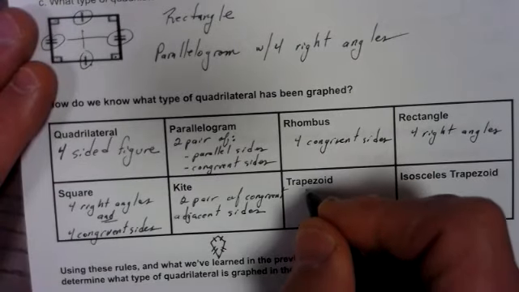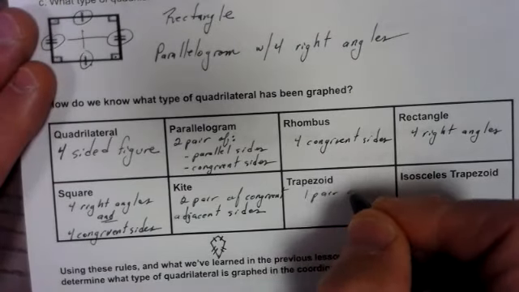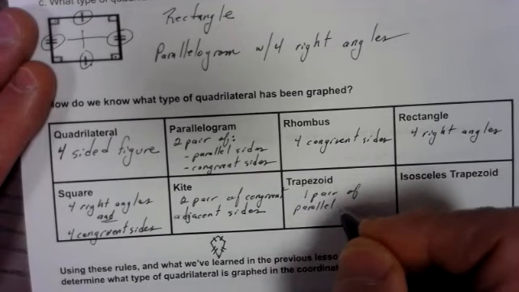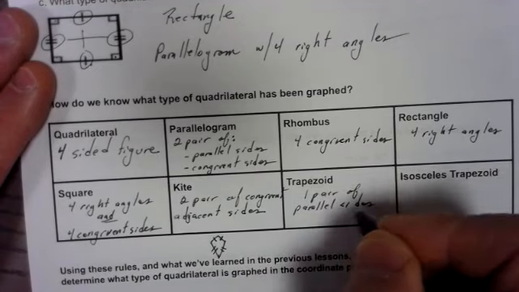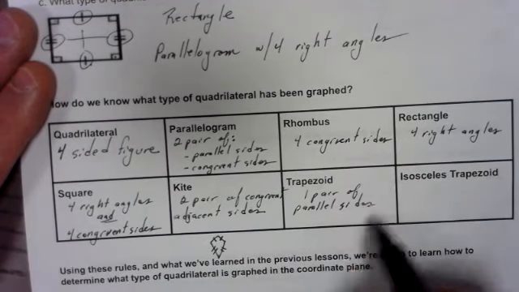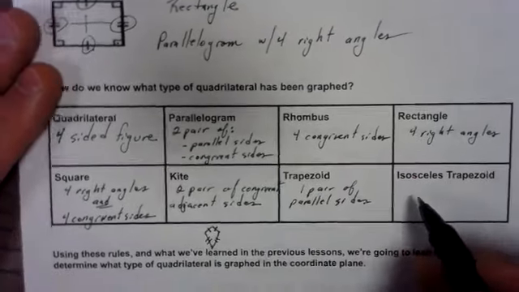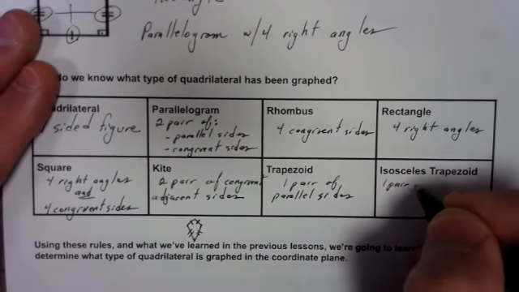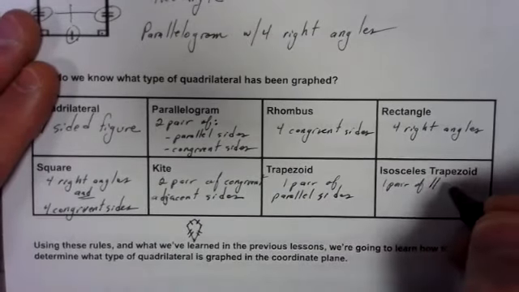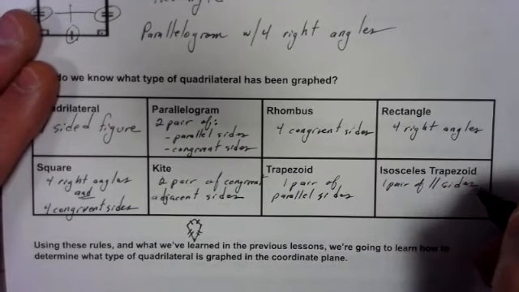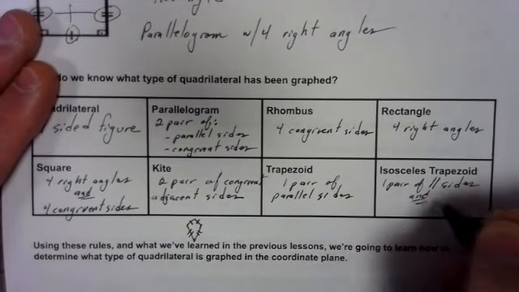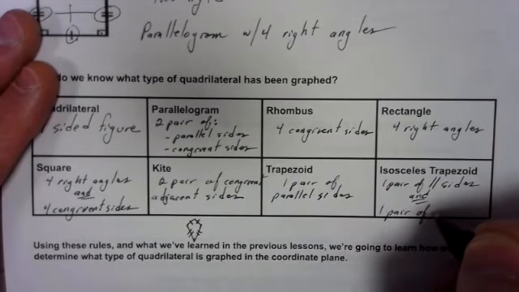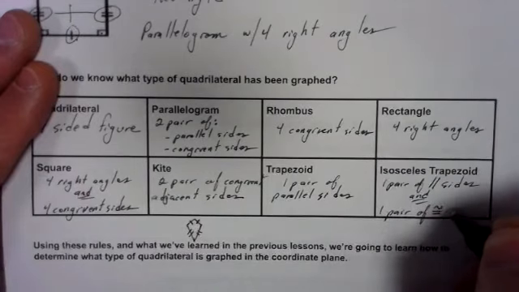A trapezoid has one pair of parallel sides. And then the isosceles trapezoid is what we talked about up above. It has one pair of parallel, remember that symbol means parallel sides, and one pair of congruent sides.